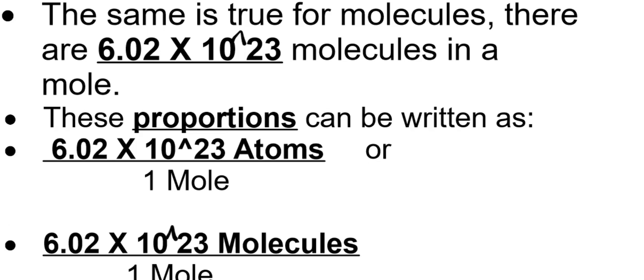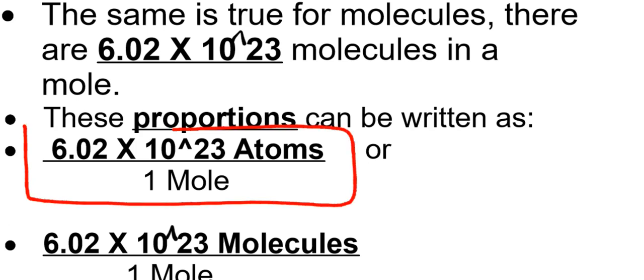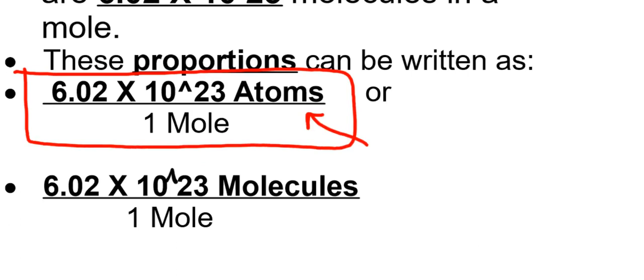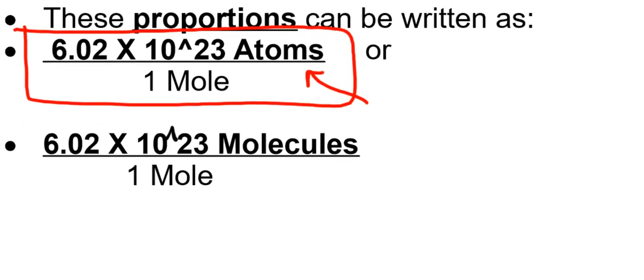Now, these proportions can be written as 6.02 times 10 to the 23rd atoms per 1 mole. And this is a proportion, so you probably know what we're going to do next. And this is the proportion if you're solving for atoms. And it's the same value, just a different word.